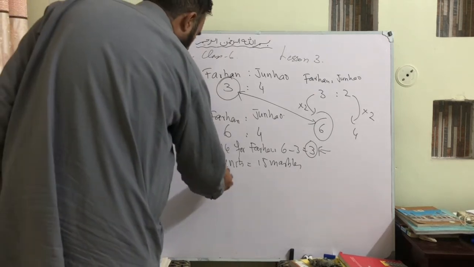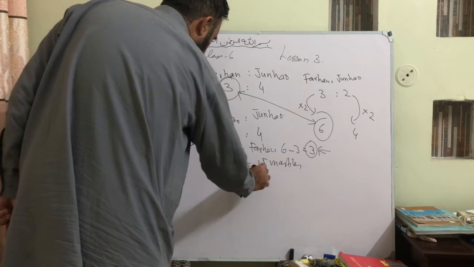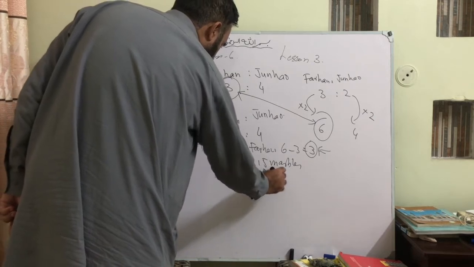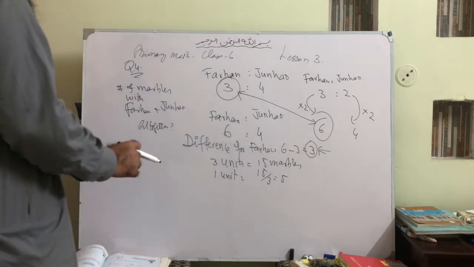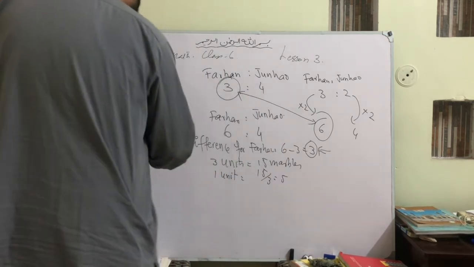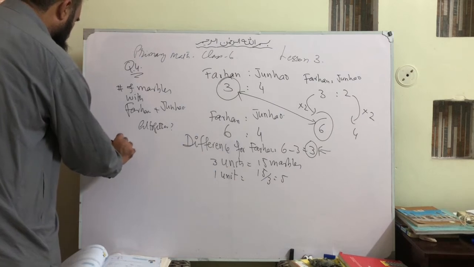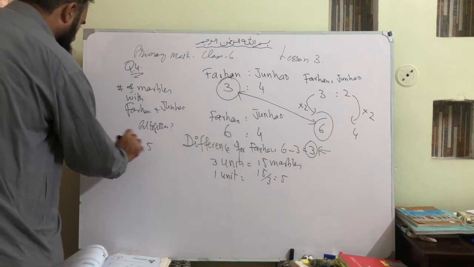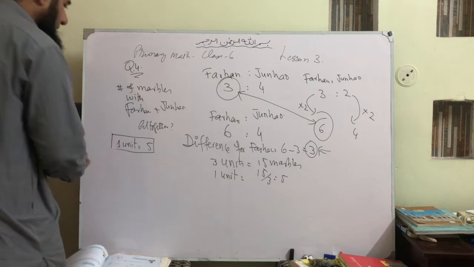If we need to find out 1 unit, we divide 15 by 3, and we get 5. So 1 unit is equal to 5.